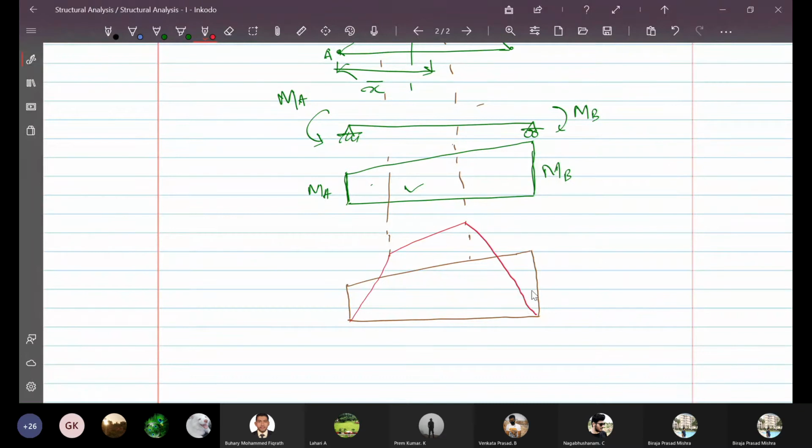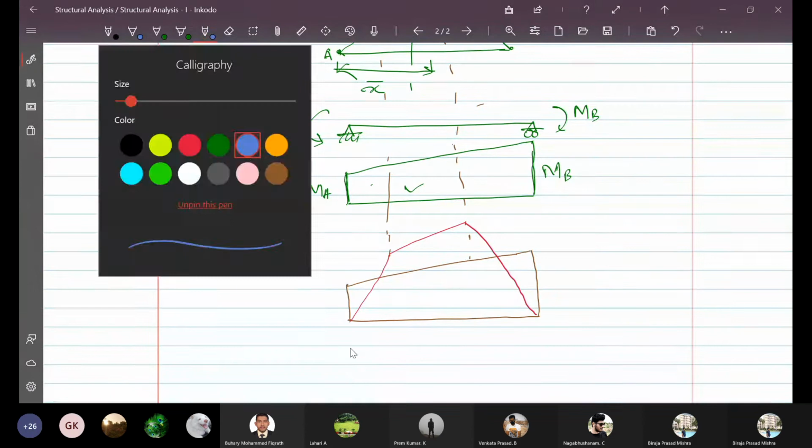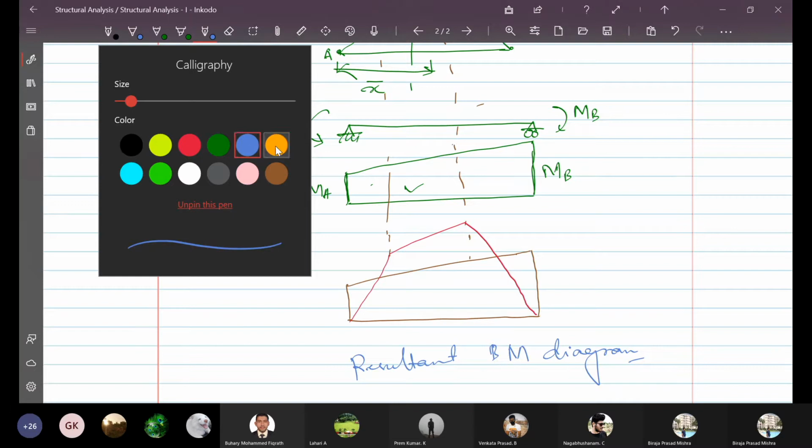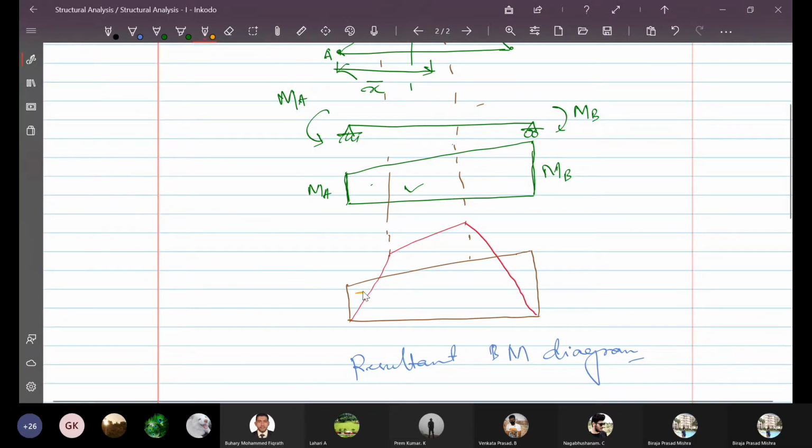This we call the resultant bending moment. This is the resultant bending moment diagram. Here this part will be negative, this will be positive, and this will be negative.